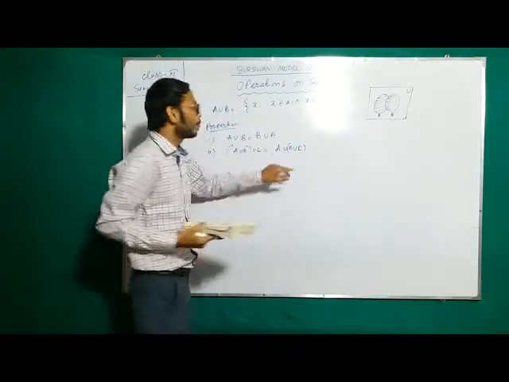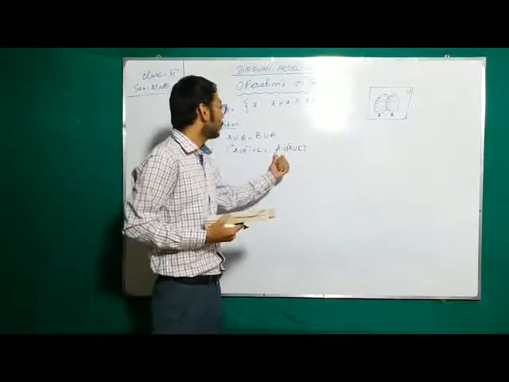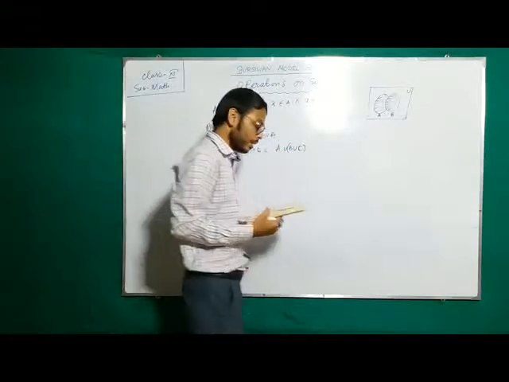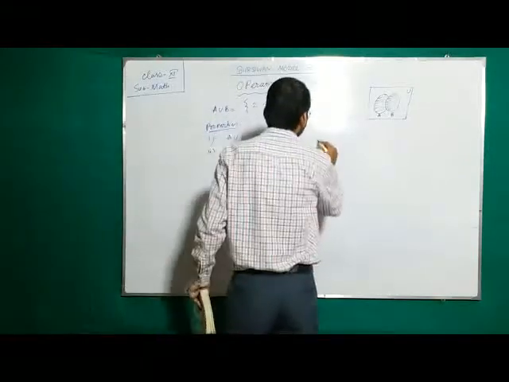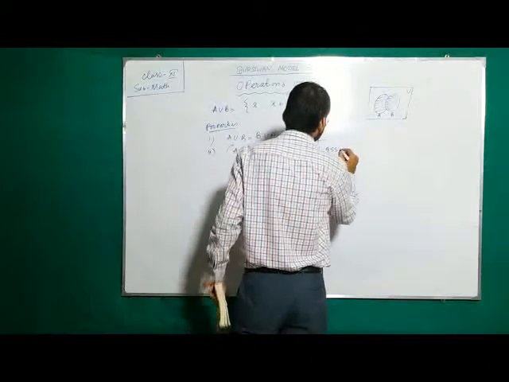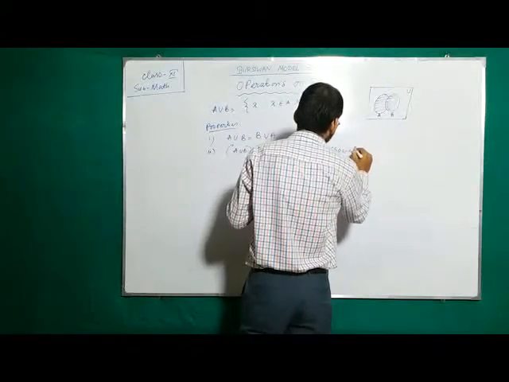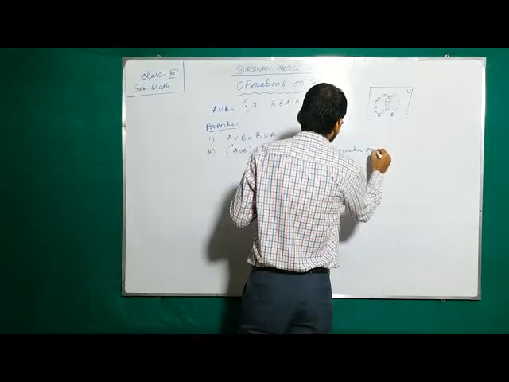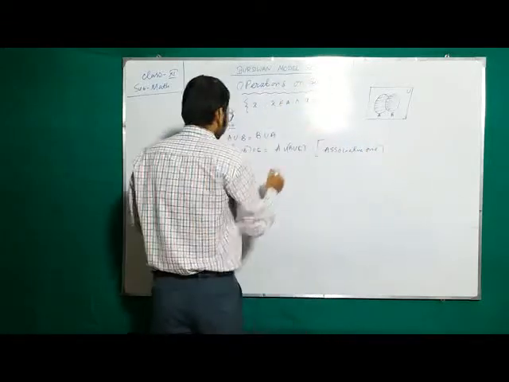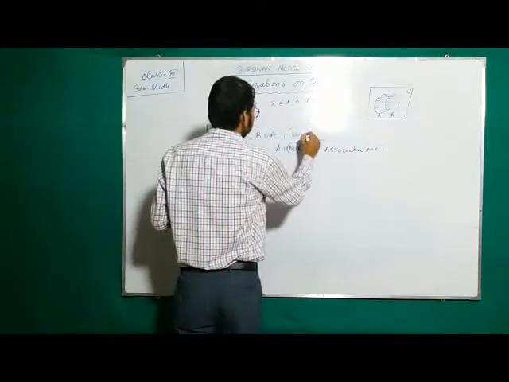That means first of all B union C is done, then we have done the union with A. This is actually called the associative property.